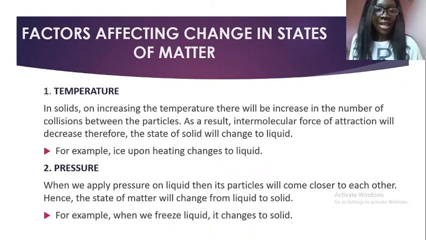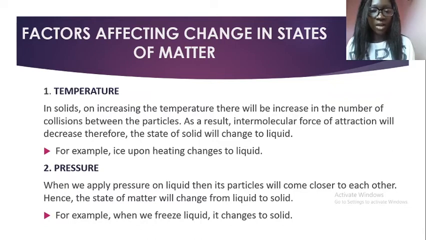Now our next objective is factors affecting this change in state of matter. We have two factors that affect the change in state of matter. The first one is temperature, and the other one is pressure. Okay, if you remember very well, I said for your solids to change to liquid, you have to heat it.